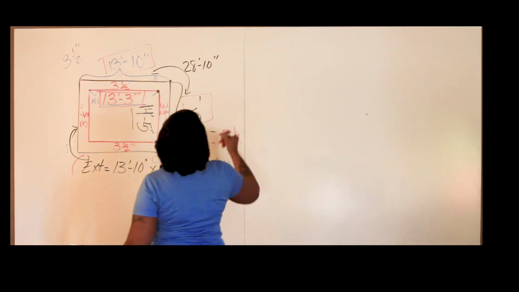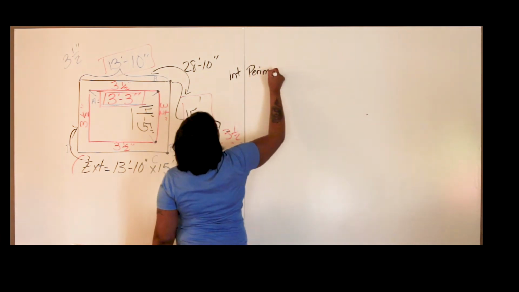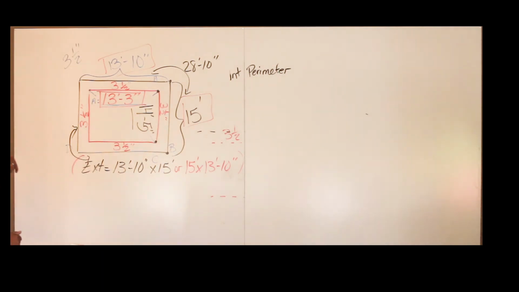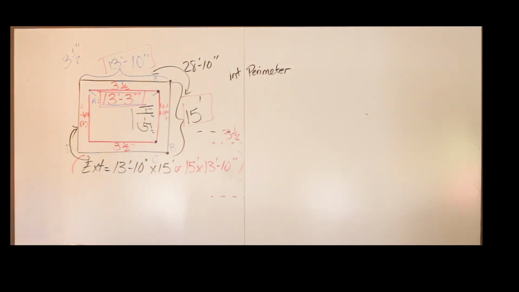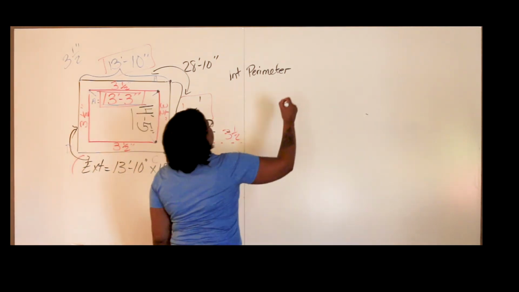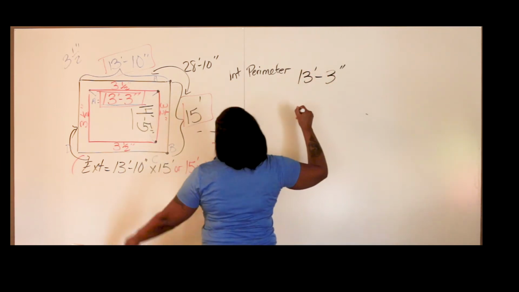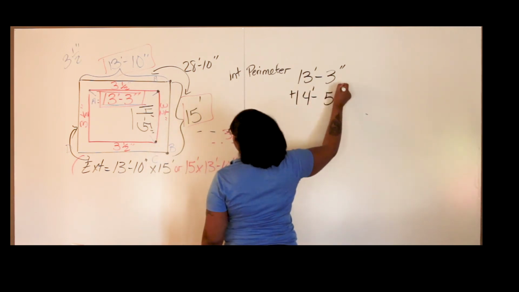Interior, again, meaning inside. Again, be careful when you're looking for interior and exterior because it's easy to grab a measurement from the inside and outside. I've done it. And y'all know y'all be working tight. So now, interior perimeter, take the two adjacent walls, 13 feet, 3 inches, plus 14 feet. Make sure you grab the right information. 5 inches.